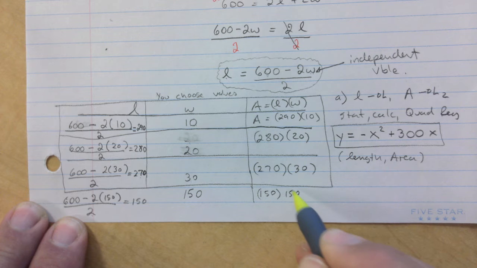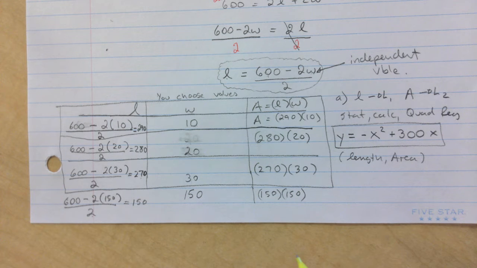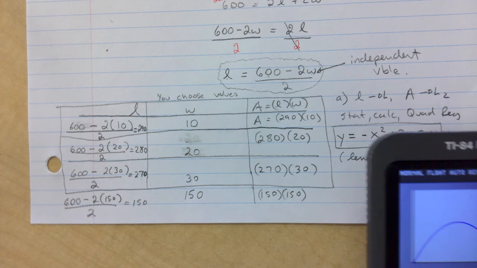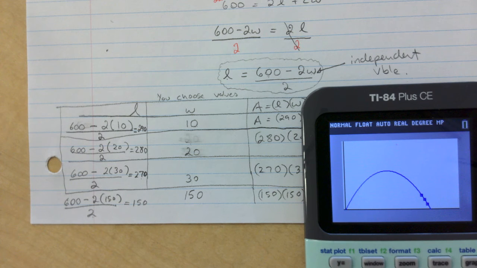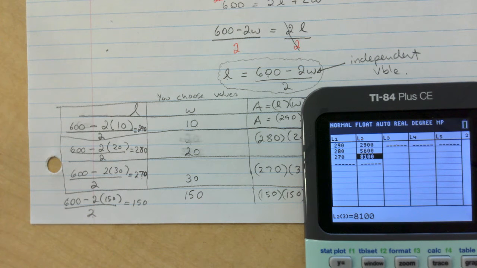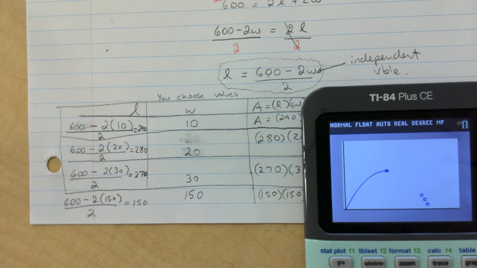If I go to STAT, Edit, and add that point, 150, and this is 150 times 150, and if I graph this, see this point right here? It was added to your graph.